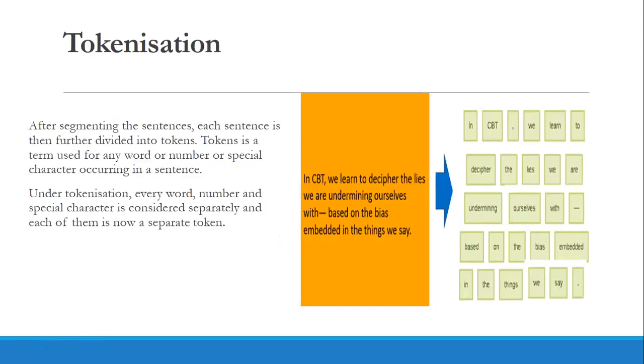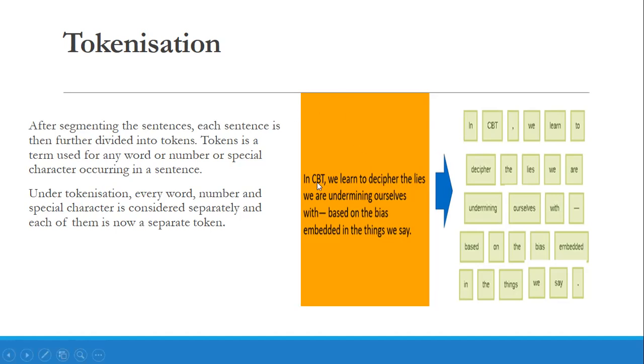In our next step, we are talking about tokenization. After applying sentence segmentation, each sentence is then further divided into tokens. We have taken only the first document after sentence segmentation, and now this document is being divided into tokens. We have to make sure that token is the term used for any word or even a number or at least a special character.